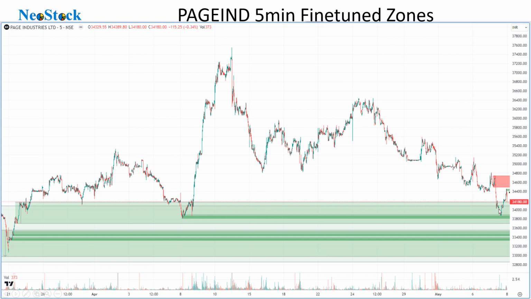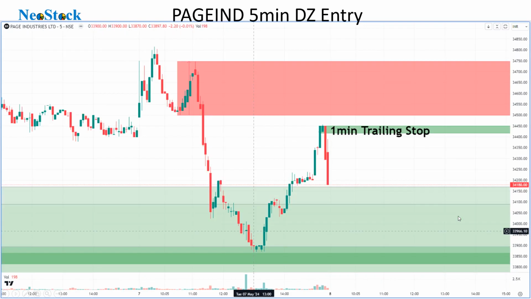See, in today's trading prices entered into this zone and reached the 15 minutes target. Let me show you. So this is the one. This is the fine-tuned 5 minute zone. And from here we got an entry around 1 o'clock on 7th May 2024.